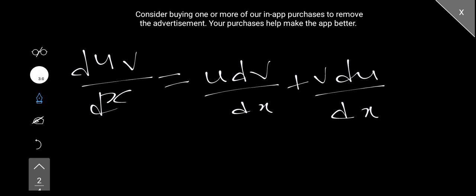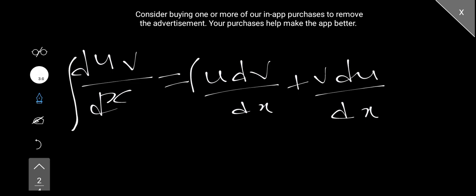Now from this same formula, mathematicians thought of deriving another formula which we can use when integrating two functions, called integration by parts. Since we are looking at integration, we are going to introduce integrals to each of these.